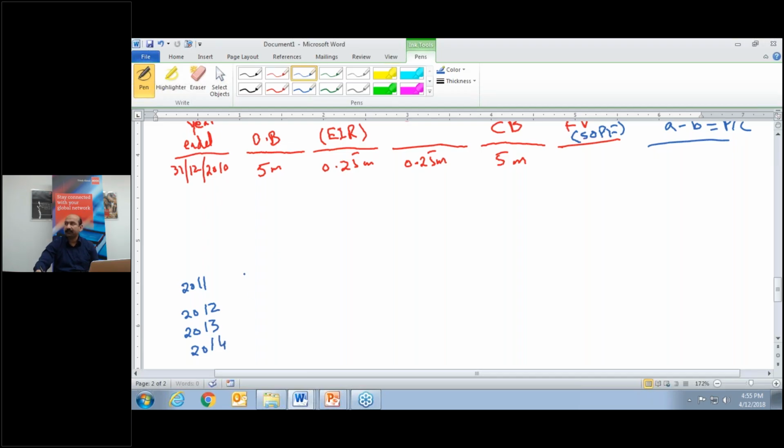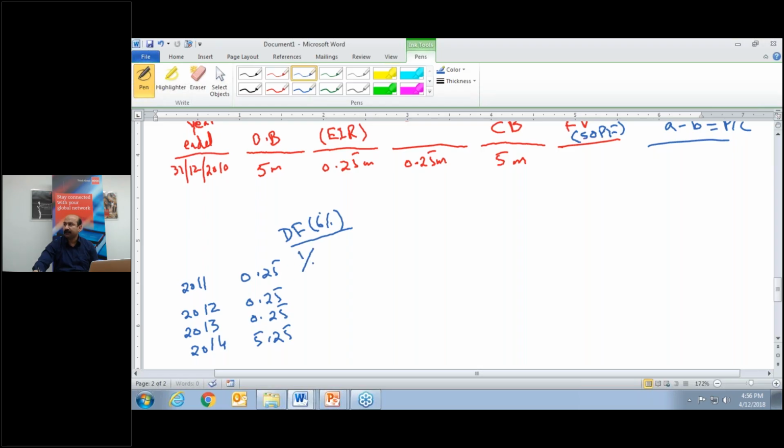And the cash inflows will be 0.25, and in the fourth year, at the end of the fourth year, 5 million plus 0.25. So this will give us 5.25 million. The discount factor which we will use is basically 6%, the new effective interest rate.